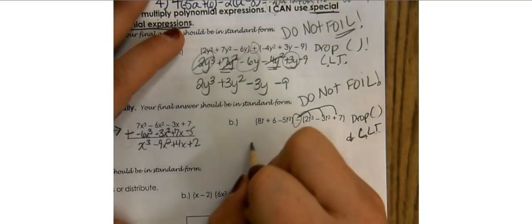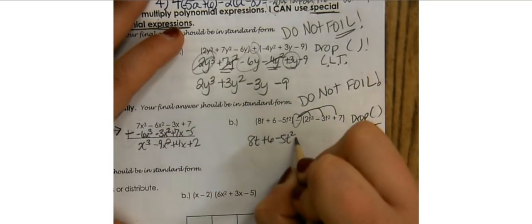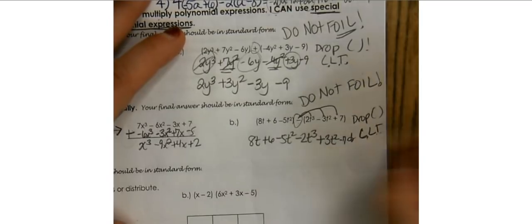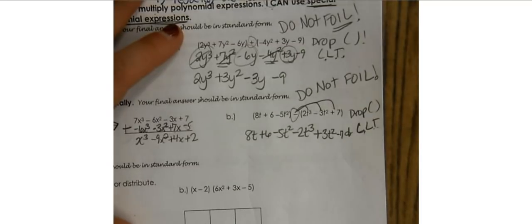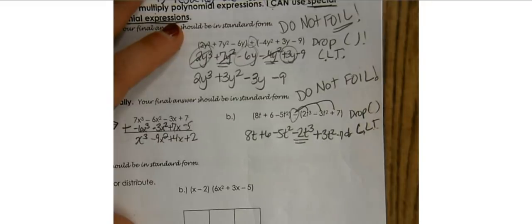So I have 8t plus 6 minus 5t squared minus 2t to the third power plus 3t squared minus 7. So now I'm going to rewrite this in standard form, working with my largest exponent first. And in this case, negative 2t to the third power is my largest exponent.